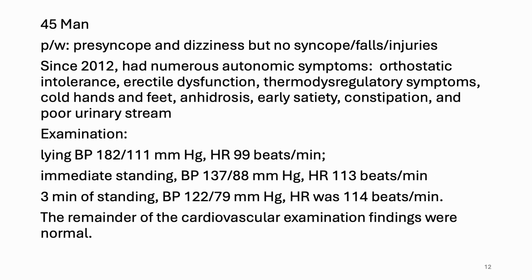The author described a 45-year-old man who presented with pre-syncope and dizziness but no syncopal attack, fall or injury. Since 2012, he had numerous autonomic symptoms such as orthostatic intolerance, erectile dysfunction, thermodysregulatory symptoms, cold hands and feet, anhidrosis, early satiety, constipation, and poor urinary symptoms.